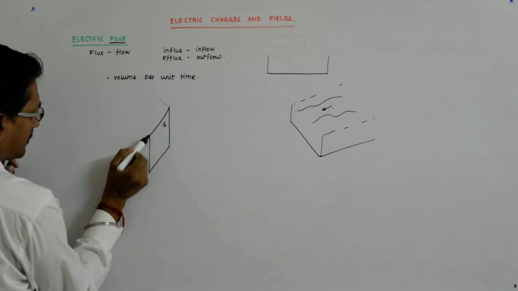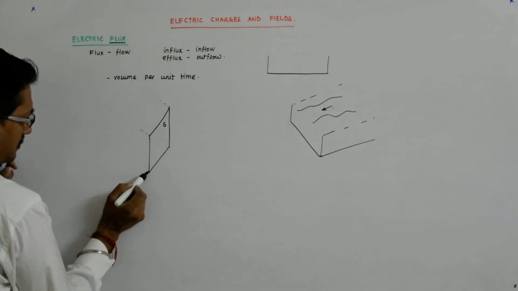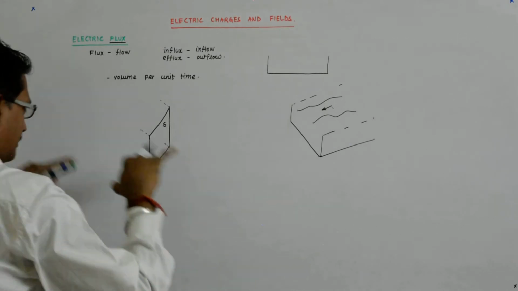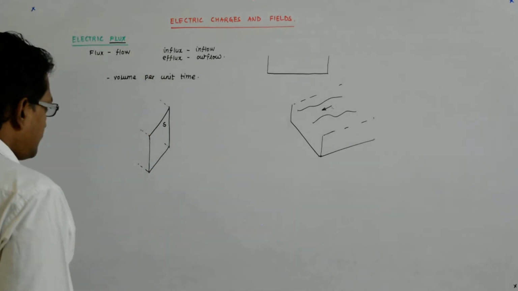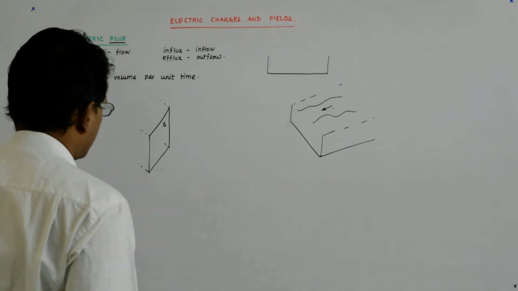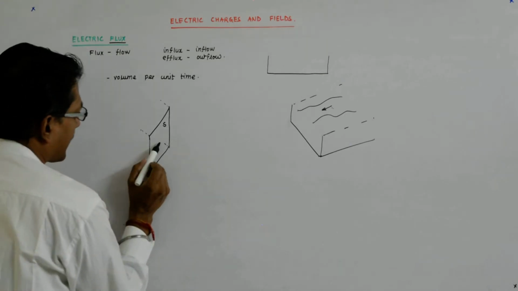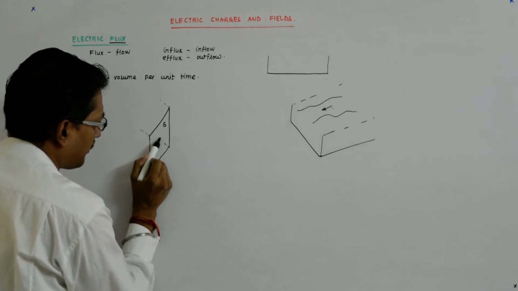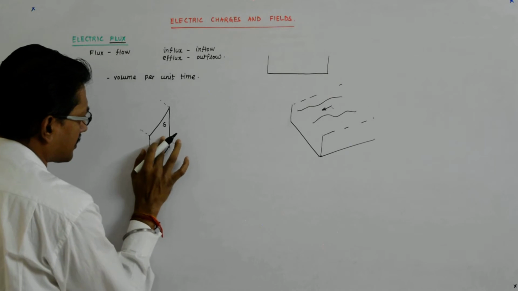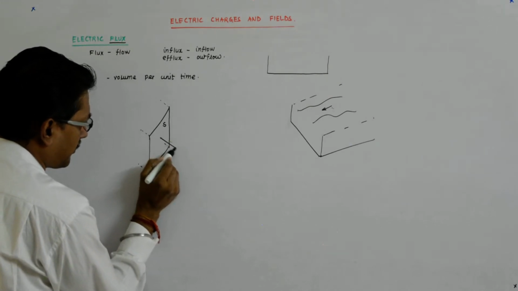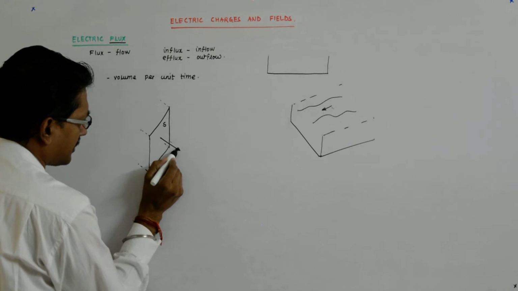so the flow is from this side. It looks like a rhombus, but it is actually rectangular, and through this window, perpendicular to it, there is a flow.